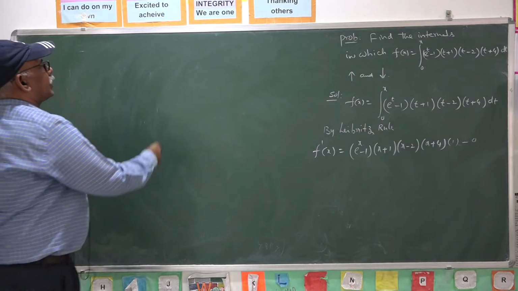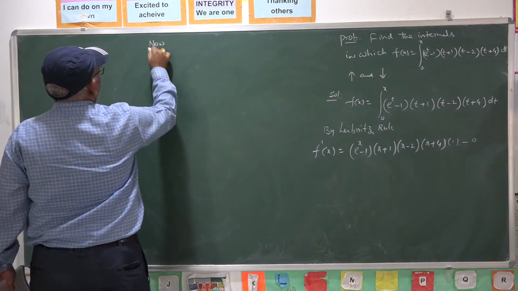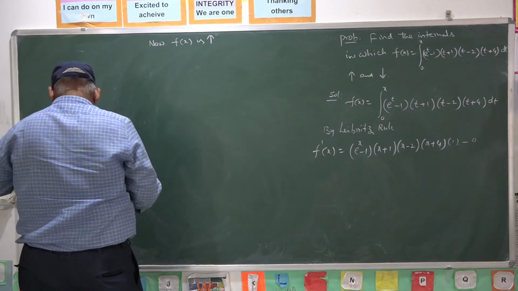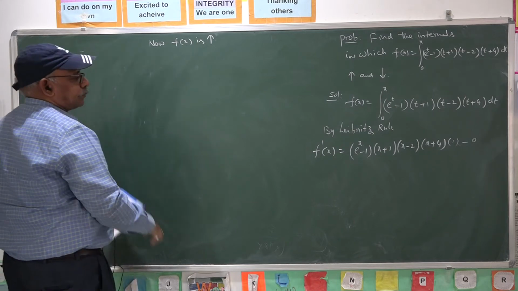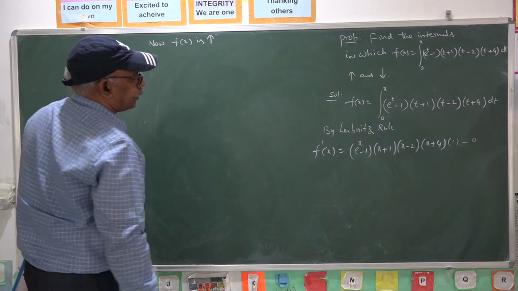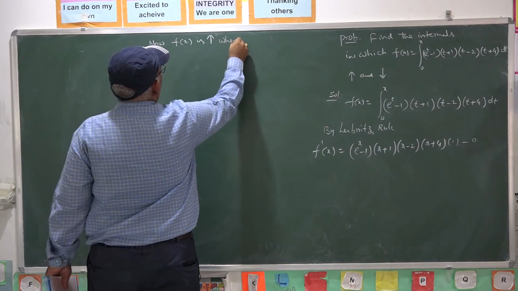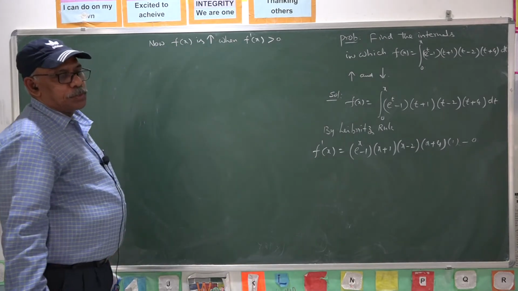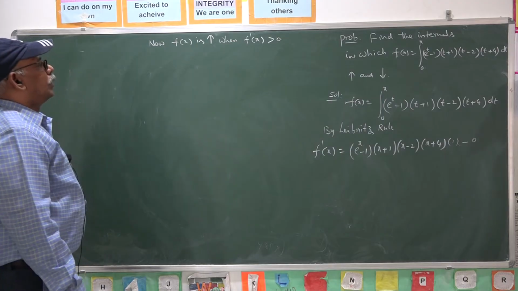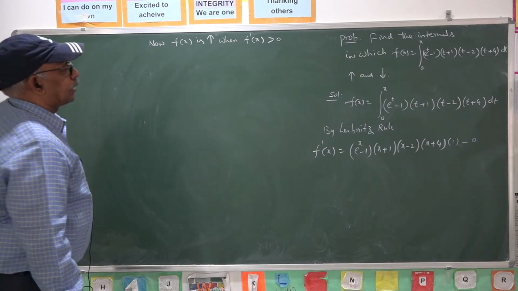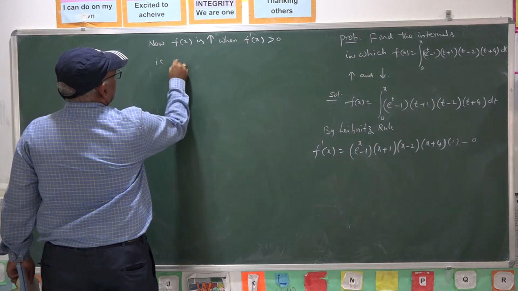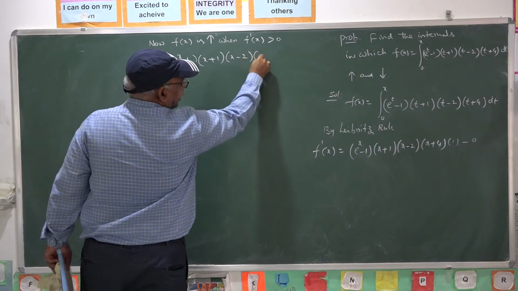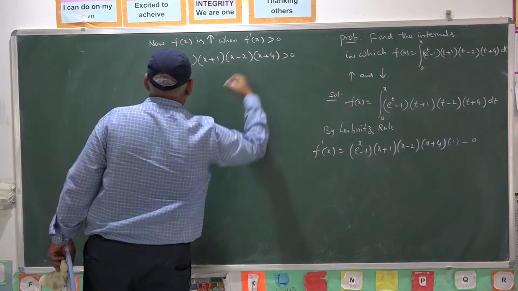Now f(x) is increasing, strictly increasing, when f dash x is greater than 0. That is, e power x minus 1 into x plus 1 into x minus 2 into x plus 4 is greater than 0.